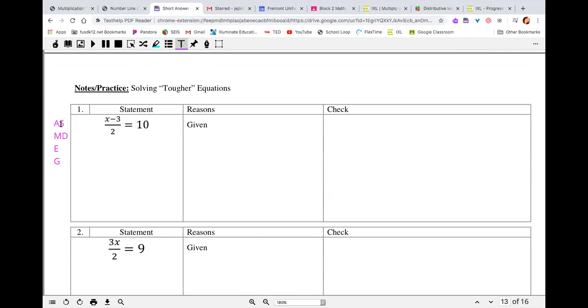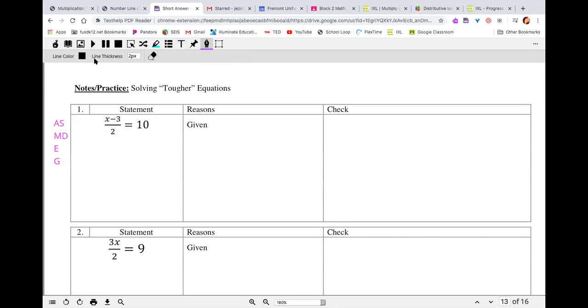Okay. Now it says we start with addition and subtraction, but when I look at this, the x minus 3 is here with the fraction line. So in a way, it kind of makes it almost like a group. Let's mess with this again, try to get it to a normal size.